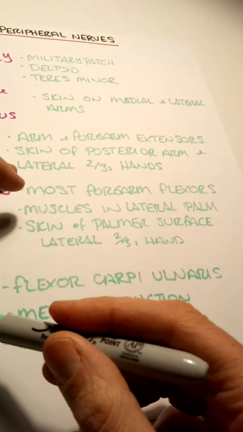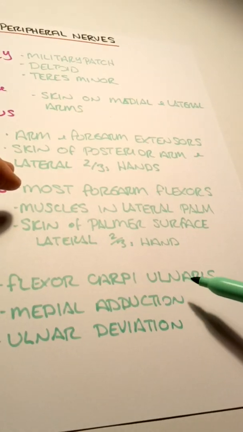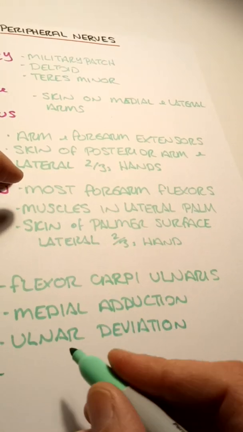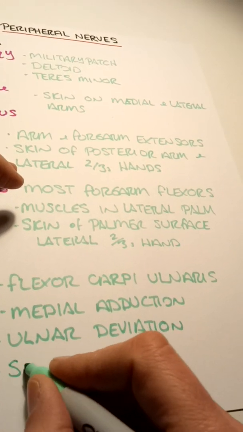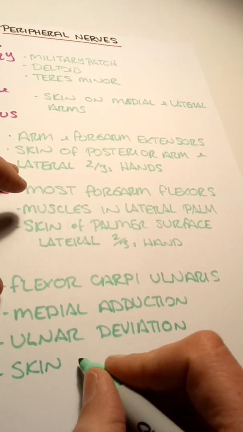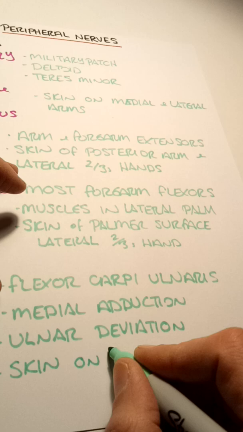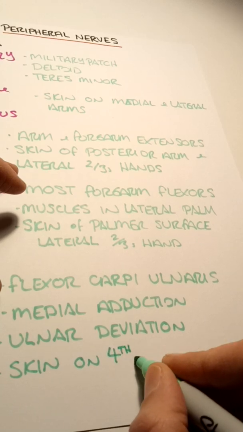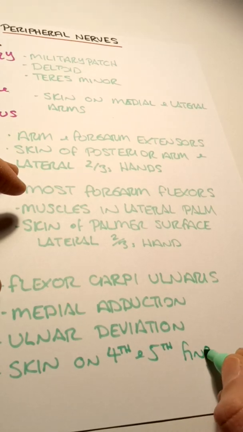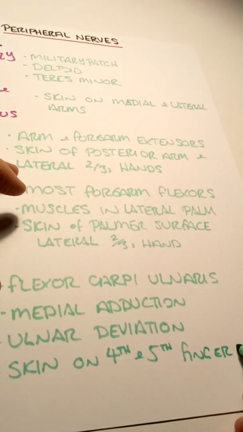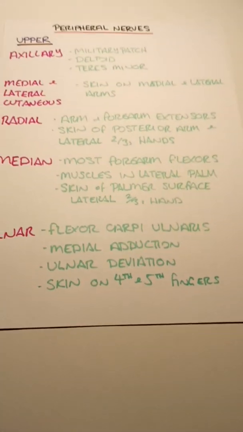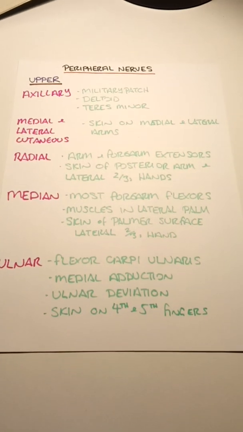I like this. Ulnar nerve, flexor carpi ulnaris, and ulnar deviation. So you've already got 2 out of 4. And then the ulnar nerve is also responsible for the skin on the fourth and fifth fingers of the hand. Not sure where else you have fingers, to be honest. Okay, so those are your peripheral nerves of the upper body.